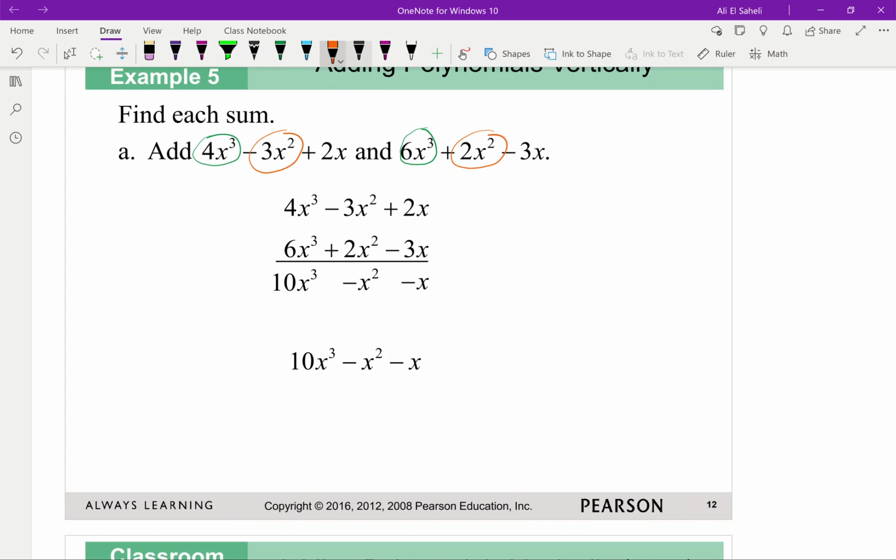And finally, this x can be added to this x. So 4x cubed plus 6x cubed is 10x cubed. Minus 3x squared plus 2x squared is minus x squared. And 2x minus 3x is minus x. And the result is this. This is the result of adding these two polynomials.